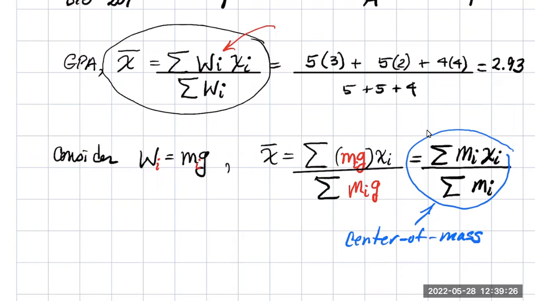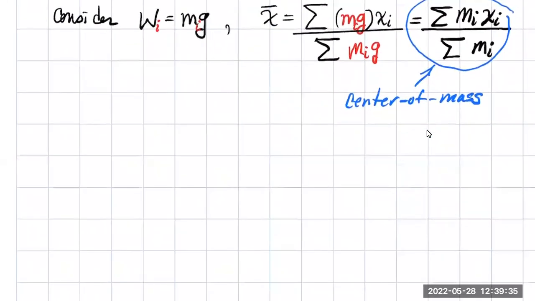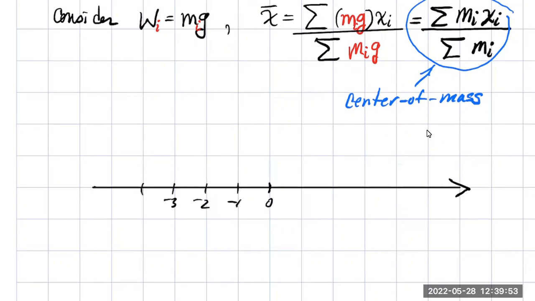Okay, let's try an example of something where we want to calculate the center of mass. All right, so let's suppose that we have spread out along the x-axis, we'll make this 0, -1, -2, -3, -4, and so on. 1, 2, 3, 4.